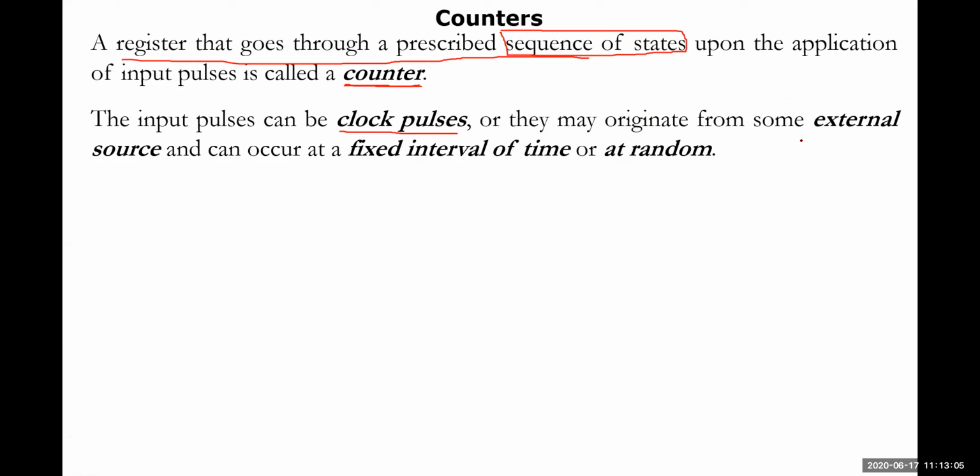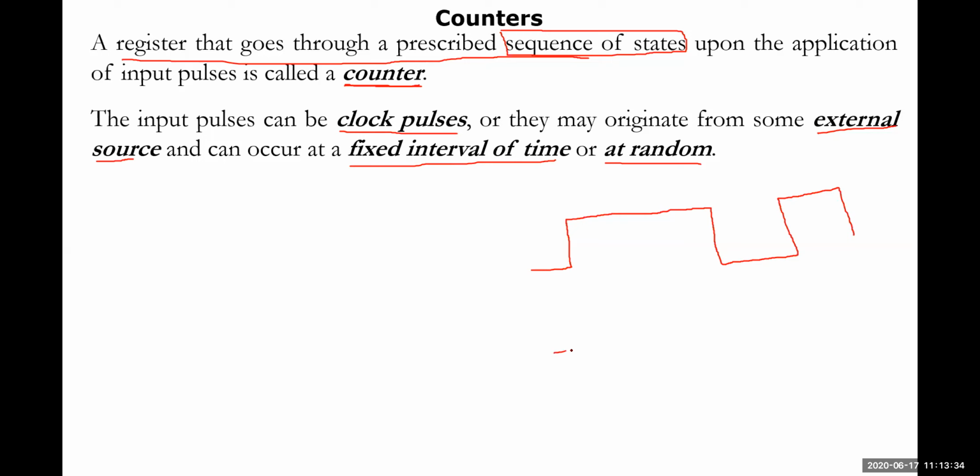They might originate from an external source, or they might originate from an internal source. Let me explain. They might be at fixed intervals of time or random intervals of time. Random interval of time in the sense, 1, after this one, again 1, followed by 0, 0, 0, 1, 1, 1, and so on.